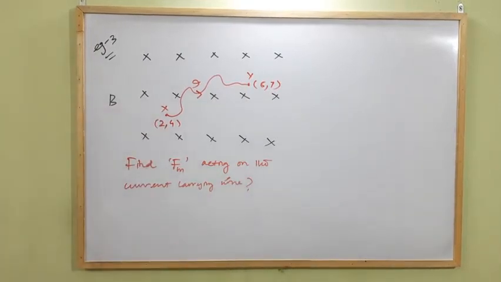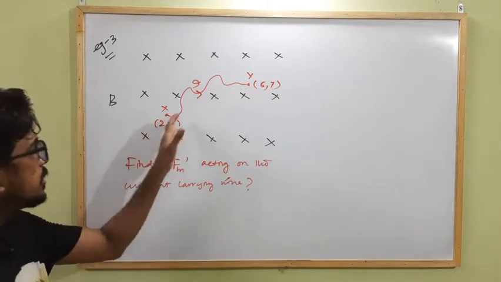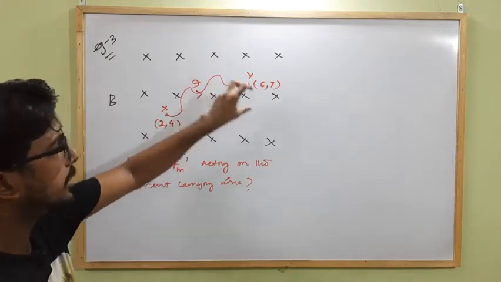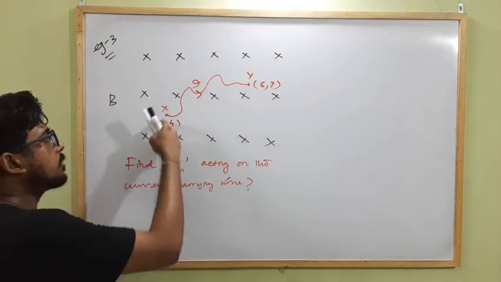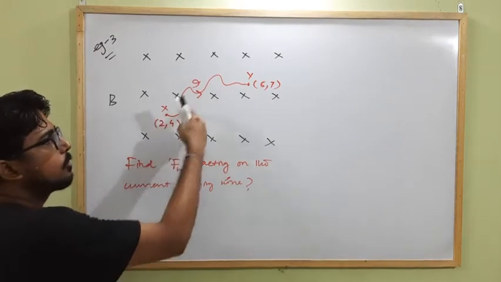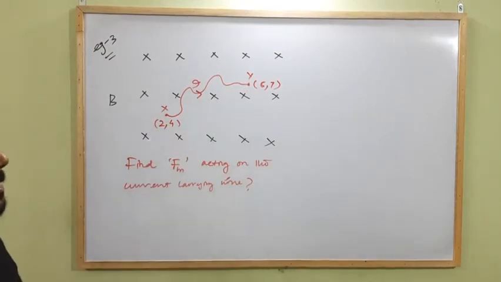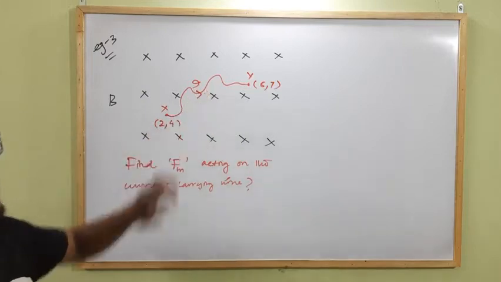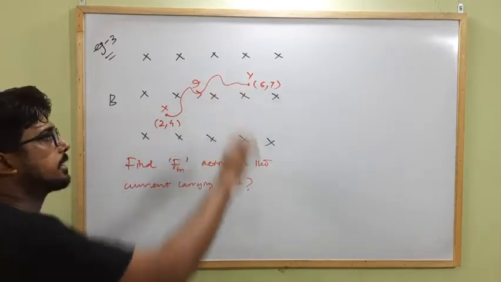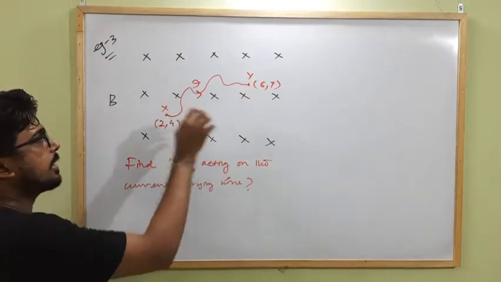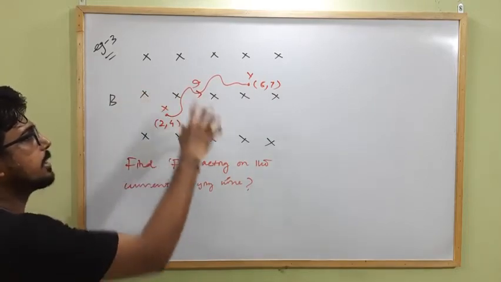Okay, so what is the force acting on the current carrying wire? Here is a current carrying conductor of arbitrary shape which spreads from X equal to (2, 4) to Y equal to (8, 7), and current I is flowing through it along the shown direction, and there is an external uniform magnetic field of strength B acting into the plane.